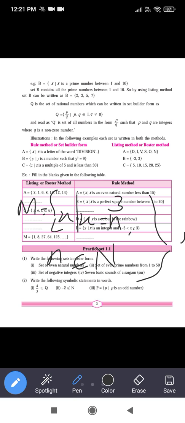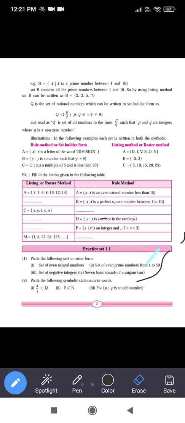Now come to your practice set 1.1. The first question in practice set 1.1 is: write the following sets in the roster form. Here we have to mention them in roster form, and you know that in roster form we have to write down all the elements. First one, set of even natural numbers.